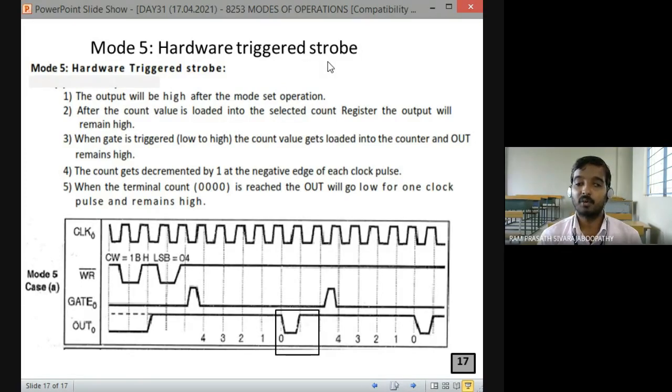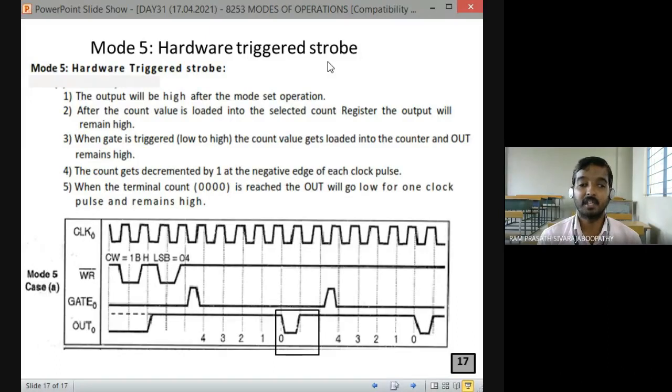Even after you put the count value, it will not get loaded into the counter register. Only when you trigger the gate, at that point the count is loaded and keeps decrementing. On terminal count, the out pin is maintained high. So after one period it stays high. Unlike the software and hardware trigger strobe cases, where you get one low pulse after the count, it is not like that here. After terminal count is reached, it is maintained high. Okay? So that is the operation in mode 1.